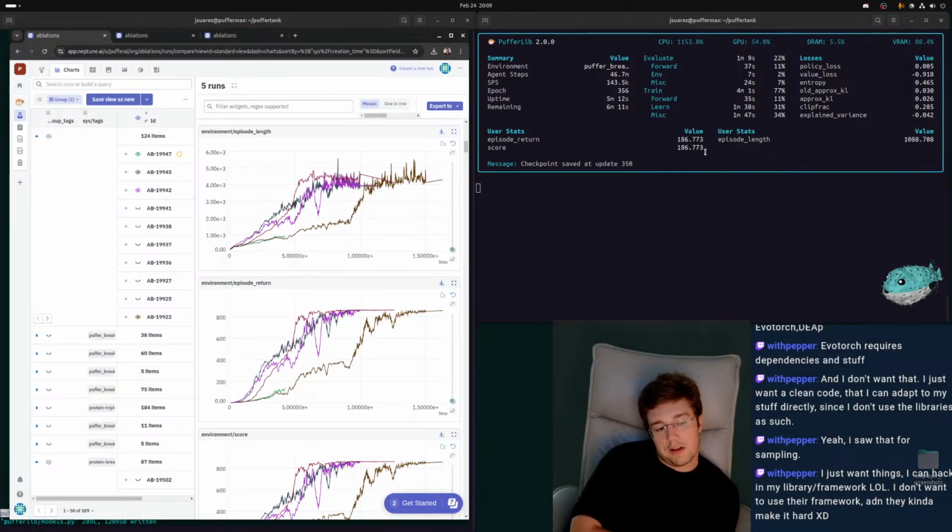It could just be the advantage function being silly. If we're looking at initialization versus advantage function, probably advantage function is the place to look, right? Yeah.